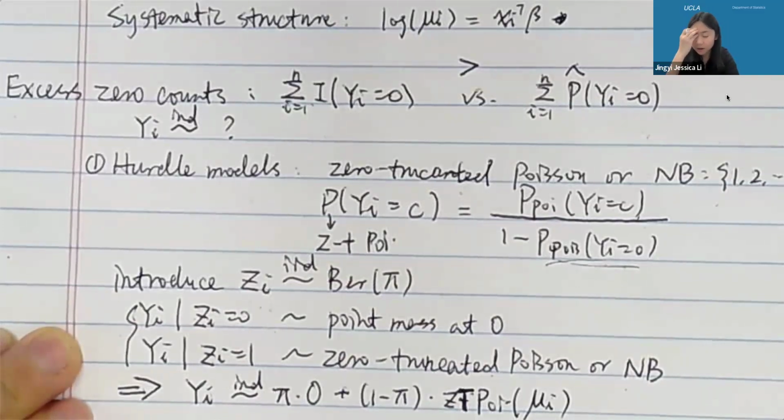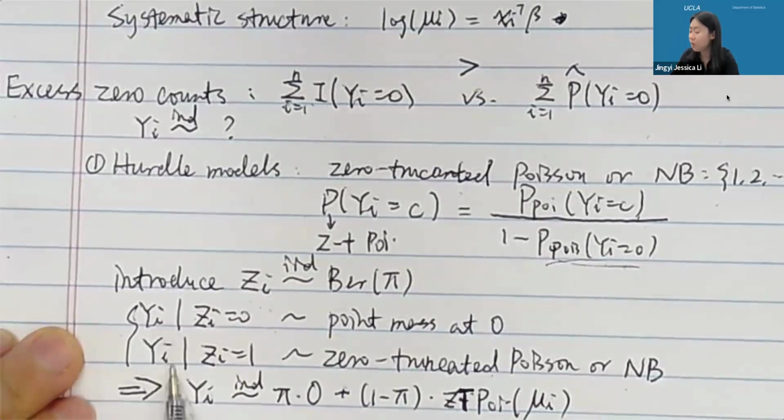There's one thing that's very important to know about the zi: using this formulation, once you see yi, you know zi, because they have a one-to-one correspondence.